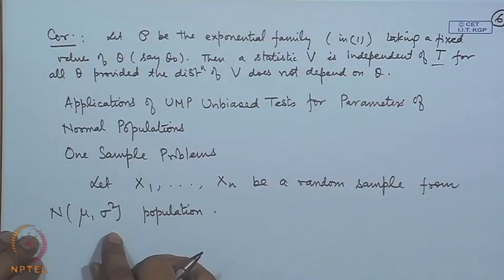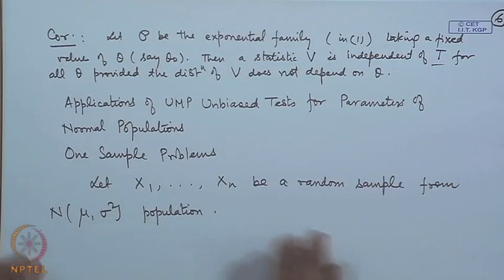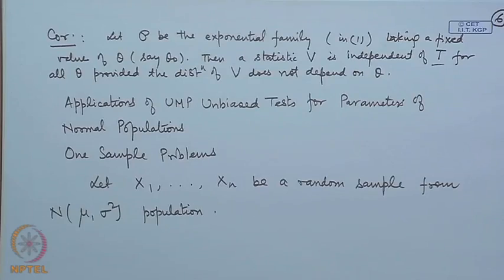Now, here both the parameters will be unknown, which is actually more practical. In practice, when we discuss a certain population, it is unlikely that one of the parameters may be known. So, the general situation is both the parameters may be unknown, and in this case we will show that when we test for the mean and when we test for the variance, we are in general able to derive UMP unbiased tests for all 4 types of hypotheses, that is H 1, H 2, H 3 and H 4.